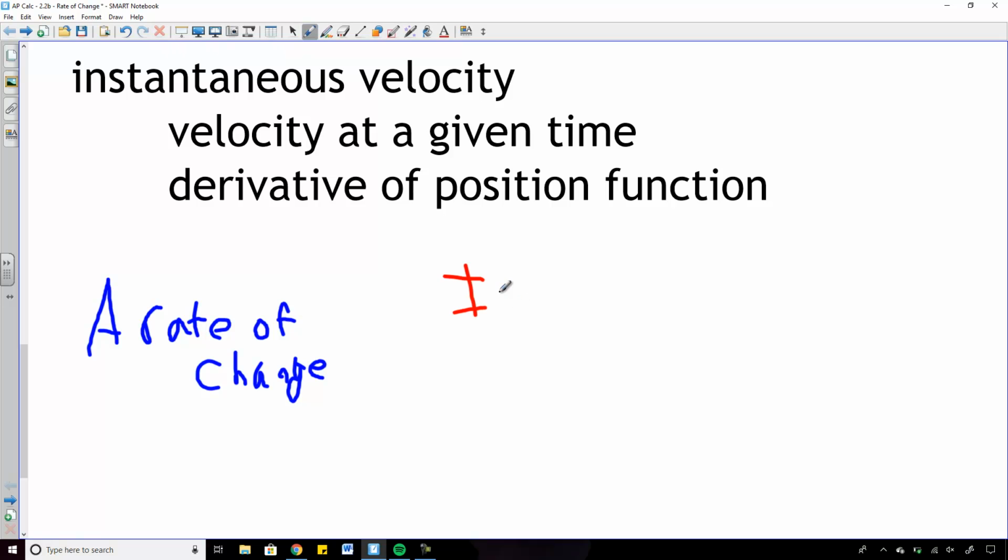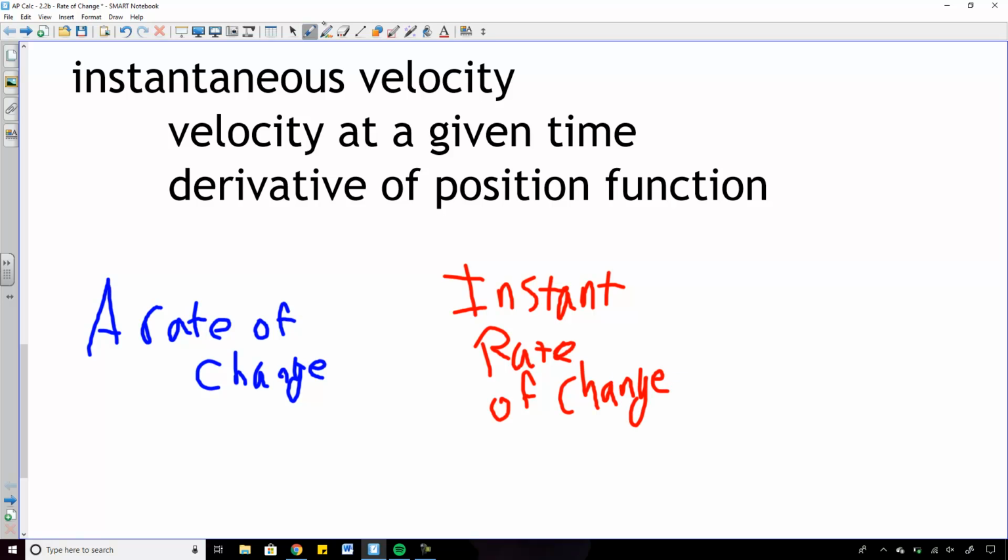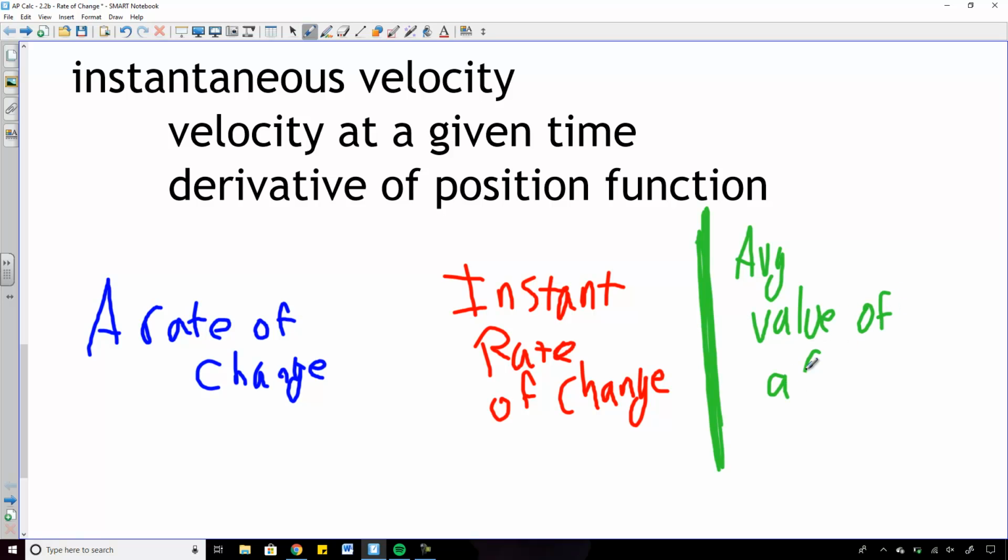Instantaneous rate of change. I think you can see why that would be, because the vocab is a whole lot similar. And later, way later in the course, we're going to be talking about the average value of a function.